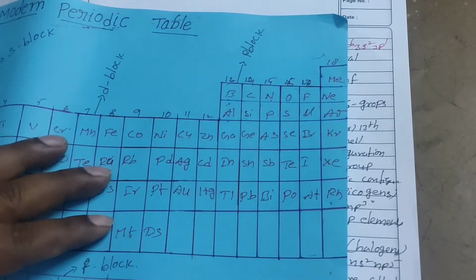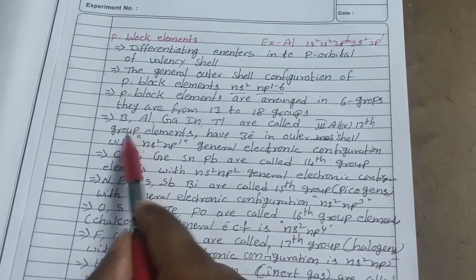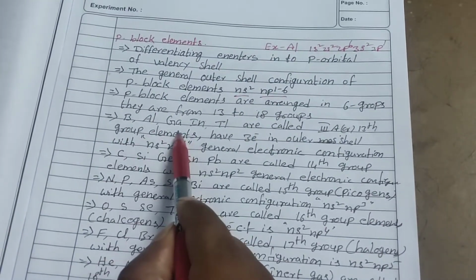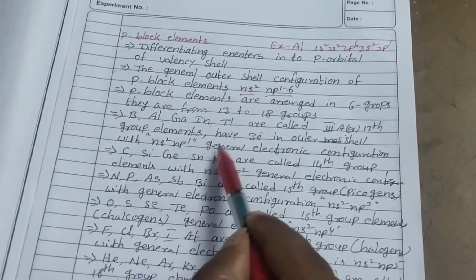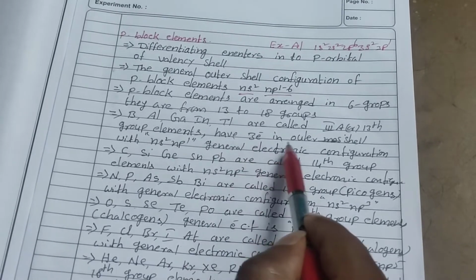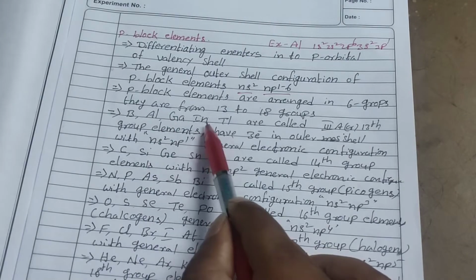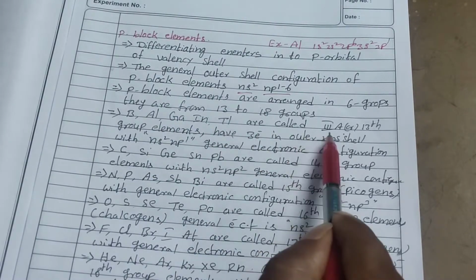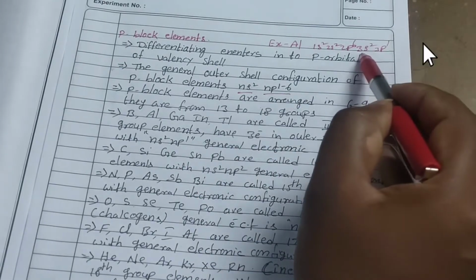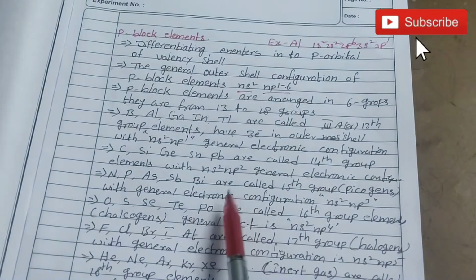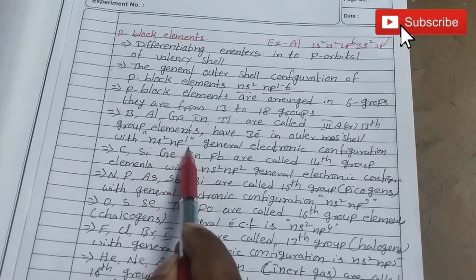Boron, aluminium, gallium, indium, thallium are called the 3rd A group or the 13th group elements, and they have 3 electrons in their valency shell. The general electronic configuration of the 13th group is ns2 np1.